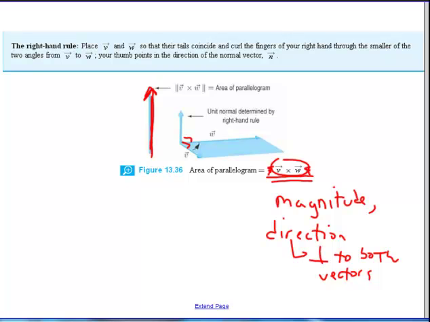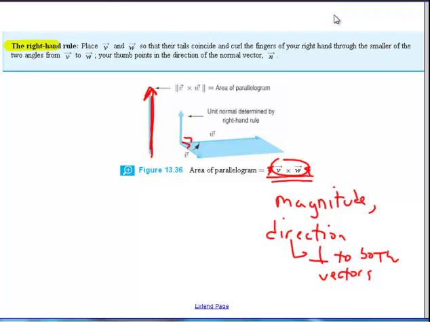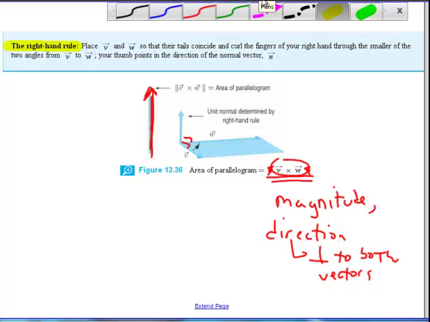Well, there's a very popular rule that if you've studied physics, you've probably heard before, and if you've done anything with vectors before, you've certainly heard.